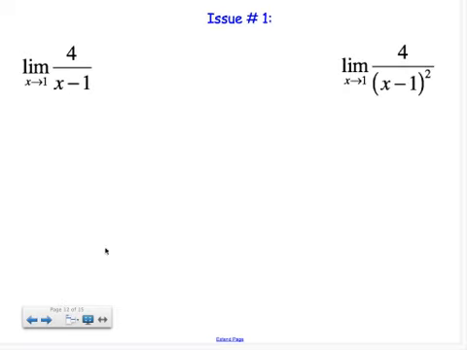The first situation is going to look like this. When we do a substitution, we're going to get a number not equal to 0 divided by 0. Let's take a look at two quick examples here. The limit as x approaches 1, 4 over x minus 1.